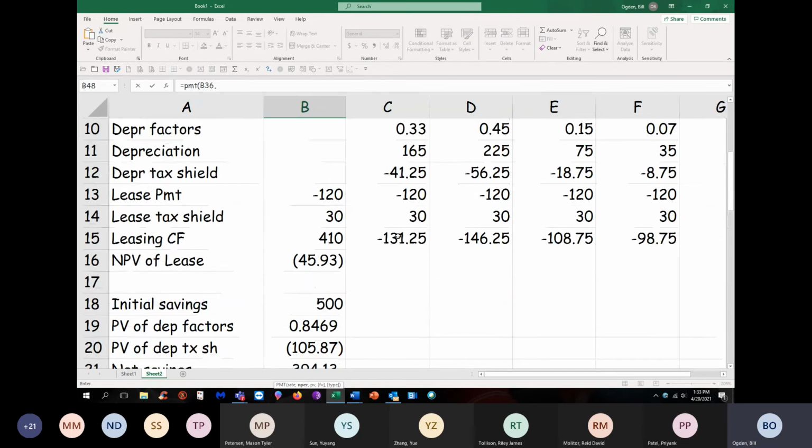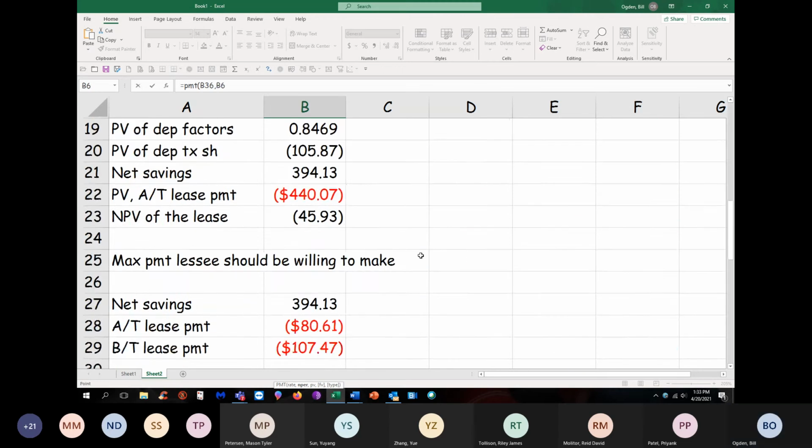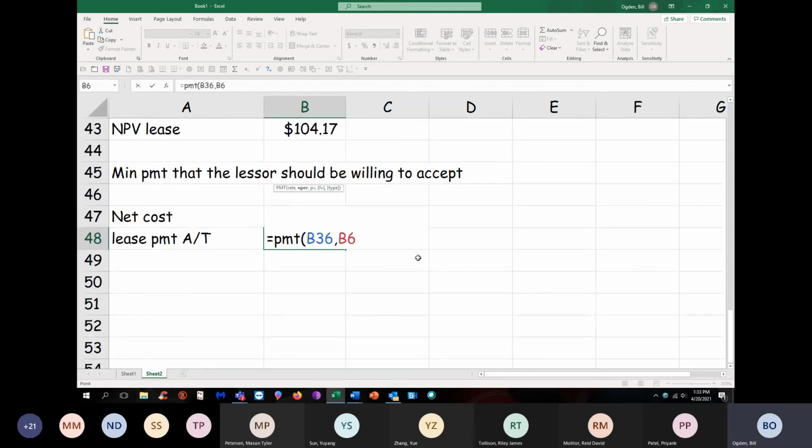Number of periods, we will highlight the 6 again, or you can type in 6, that would work for today. The present value, and that would be, unfortunately, the cell right above us. All right, comma, no future value. Once again, we want this at the beginning of the period. And without having embedded parentheses, we can simply hit enter now, can't we?